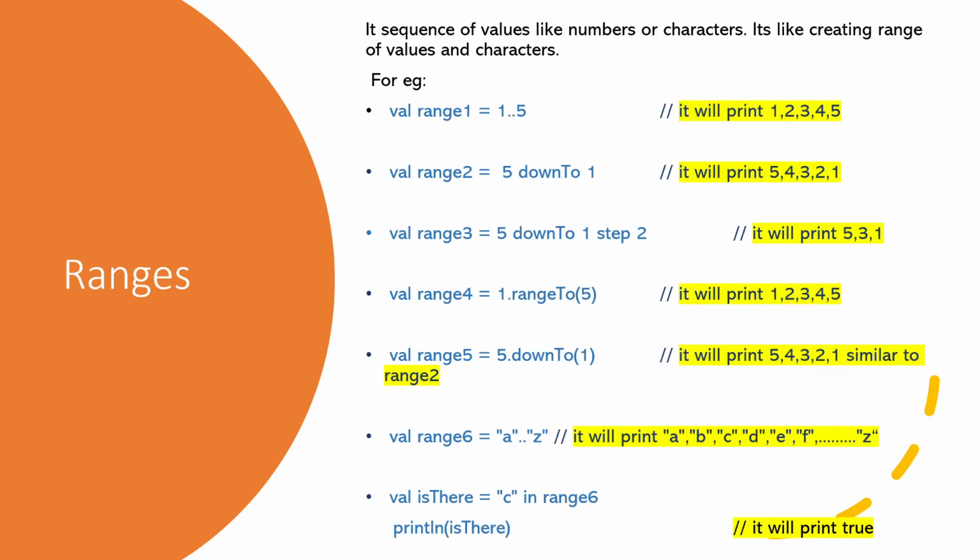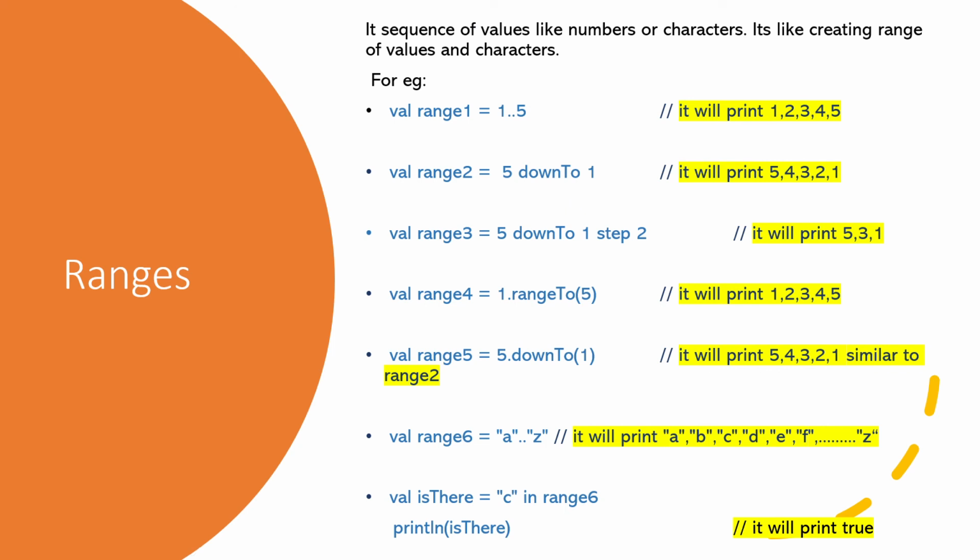Next is range. It is a collection of finite values which is defined by endpoints. It's like creating a range of values. If we see the first example, it will set the values as 1, 2, 3, 4, 5, meaning it sets range1 from 1 to 5. Now, in the second example, range2 equals 5 downTo 1.